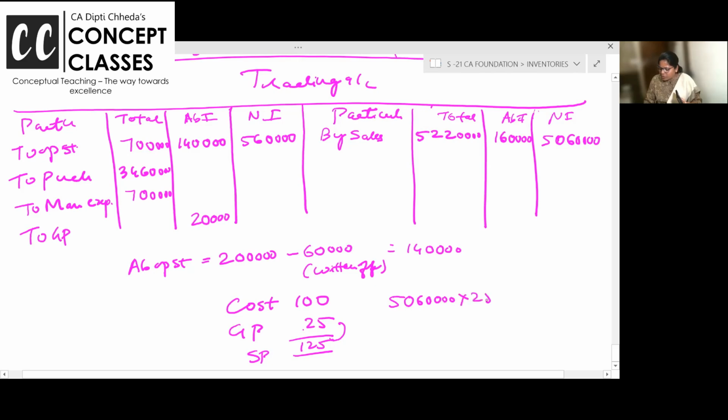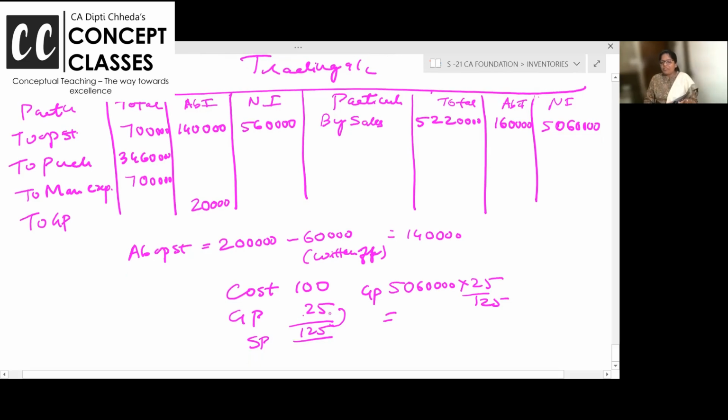Selling price is 125. So selling price में कितना होगा? 50,60,000 into 25 by 125 is the GP. Is this clear or not? In your normal sales, GP is into 25 divided by 125. Equation 125 में 25 है तो normal में कितना है? Normal GP 10,12,000. So can we add and get total GP?